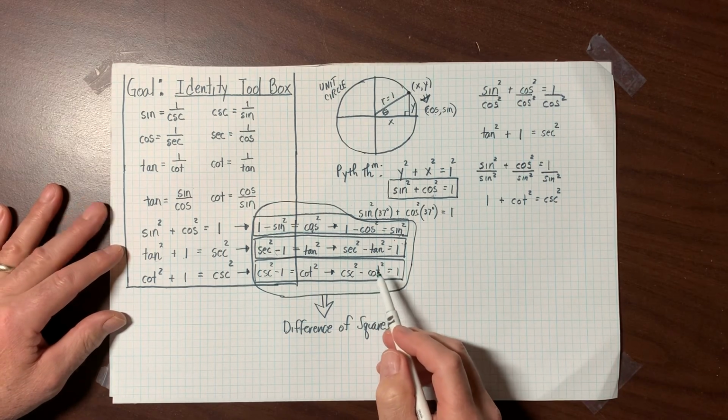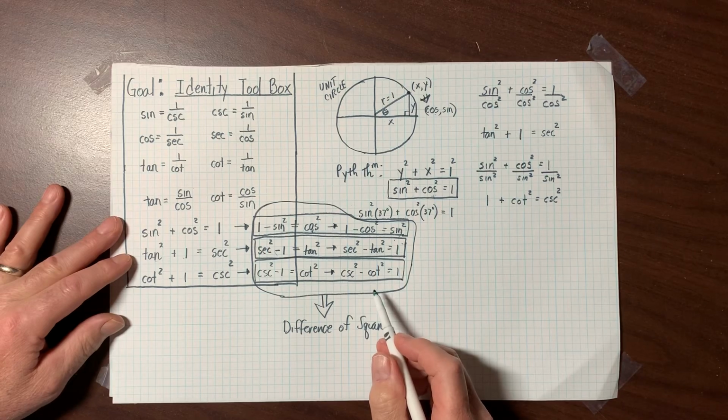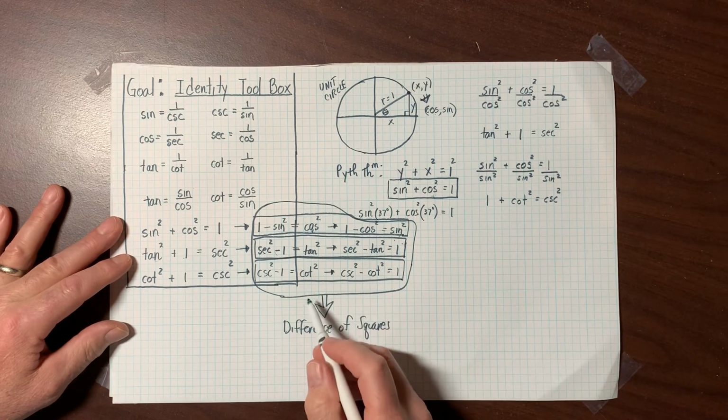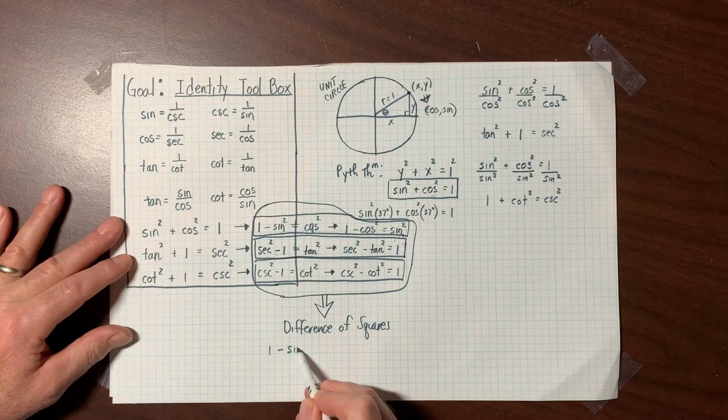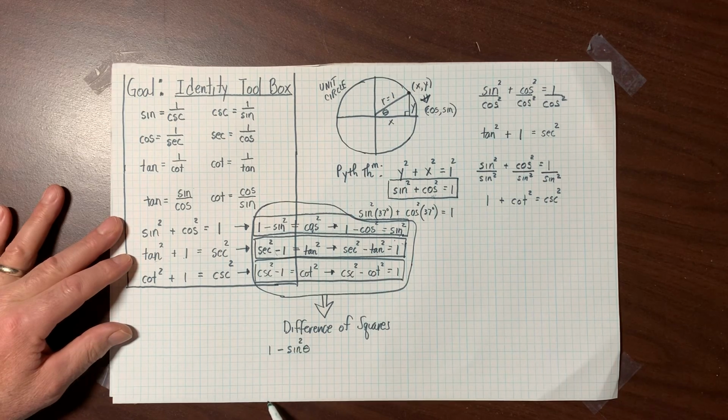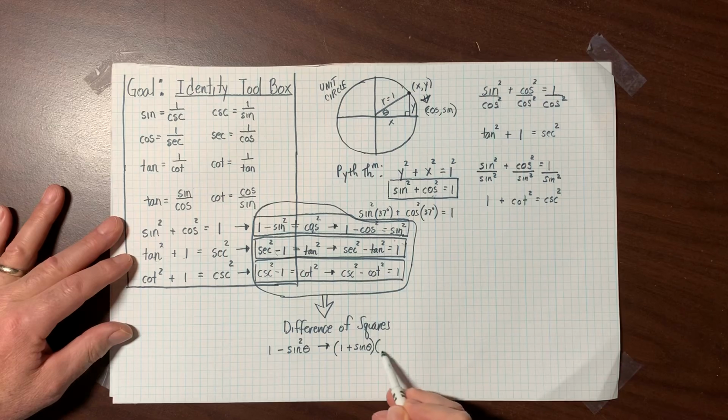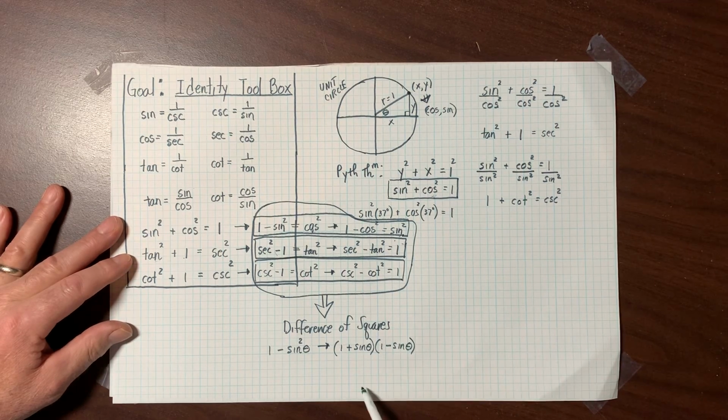So what I'm trying to tell you is, let's suppose you have 1 minus sine squared of some angle theta. You know that would be the same thing as 1 plus the sine of theta times 1 minus the sine of theta, because these are the conjugates that would multiply to give you that difference of squares.